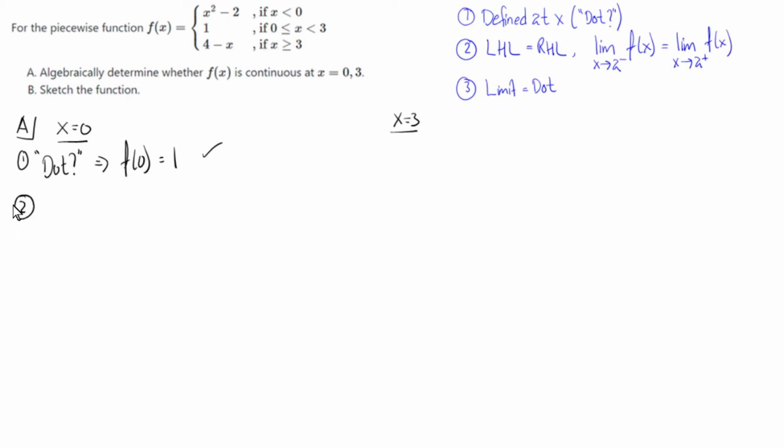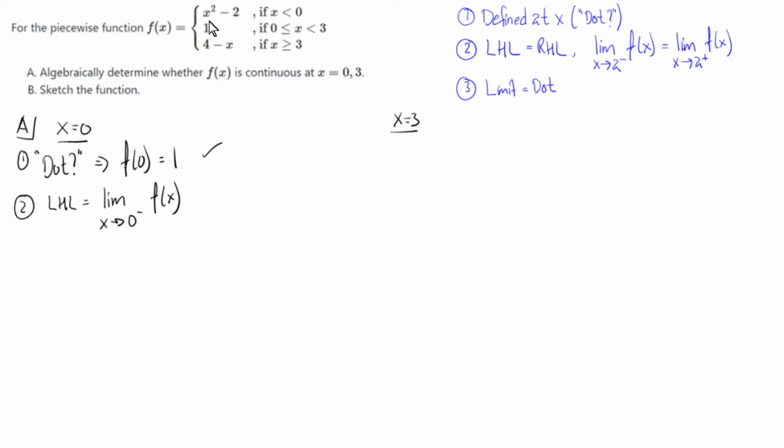The second criteria: is the left-hand and the right-hand limit the same? So the left-hand limit here equals the limit as x approaches 0 from the left of f of x. Now when x approaches 0 from the left, that means x is going to be slightly smaller than 0.